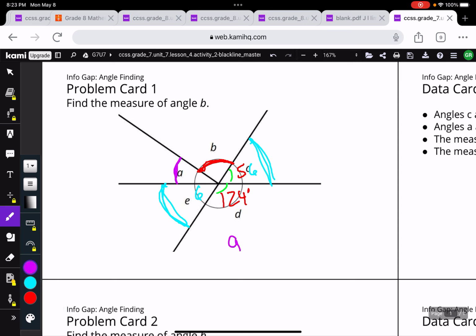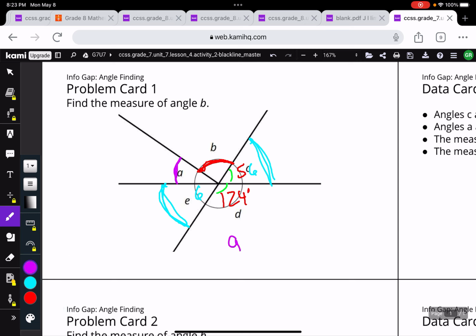So how are we going to figure out what B is? Lots of different ways. Sorry, I was trying to write a 56. Well, guess what? I see the same straight line right here. I do know that this angle plus this angle plus this angle make a straight line. And I see 56 plus 34 plus something, whatever B is. Let's call it B. I know that's all going to equal a straight line, which is 180 degrees.